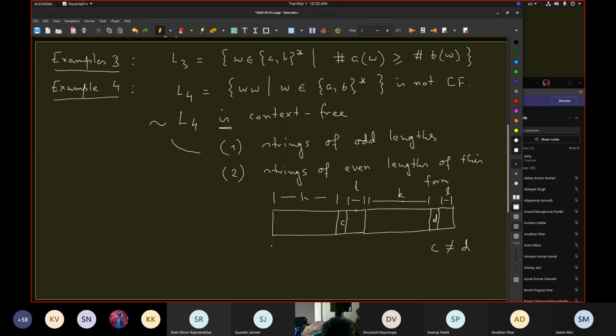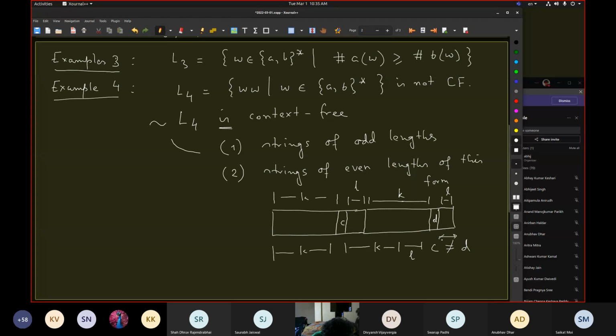Now, if I rewrite this slightly, I consider this K, then instead of looking at this L length part, I will once again look at this K length part. Then I will look at this L length part. Then I can again reach the equivalent position.